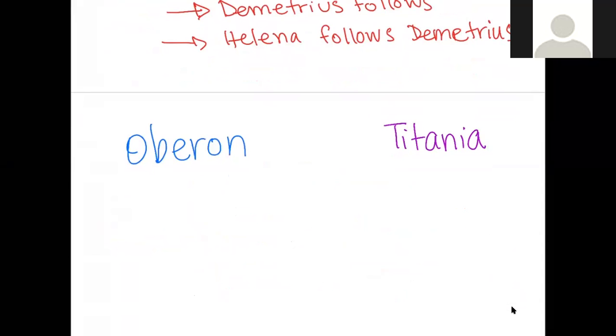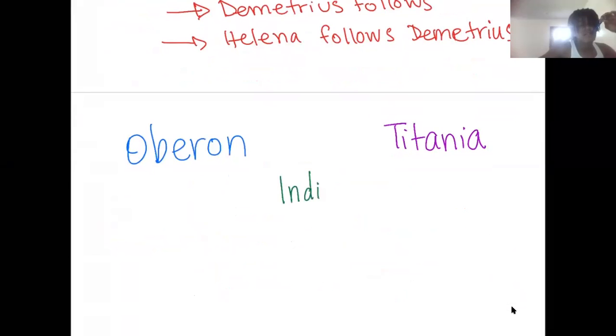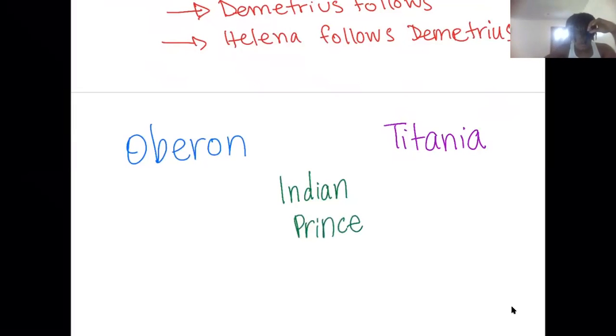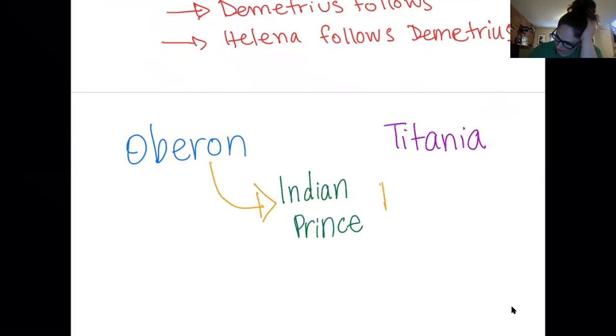Which one are we on? Oh, the one we just read earlier. Indian Prince. So they both want the Indian prince, and they're fighting even though these two are married.